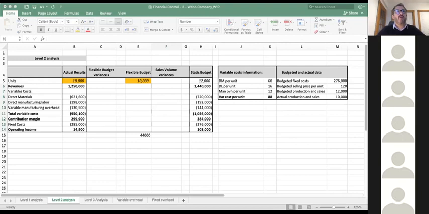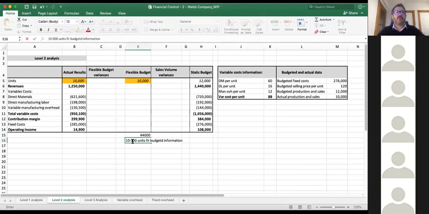Okay, so let's go for it. You should see my Excel file. Again, what is very important is to understand that we're gonna use 10,000 units for budgeted information.